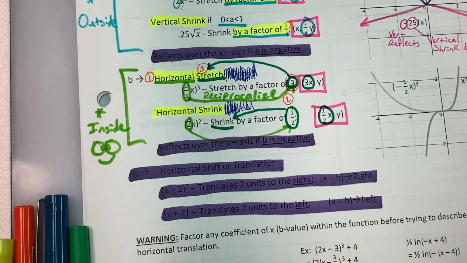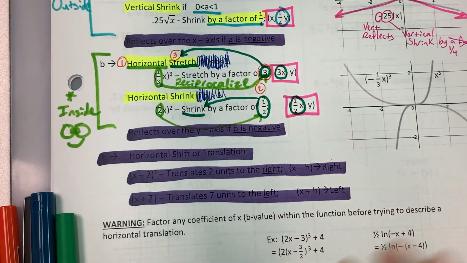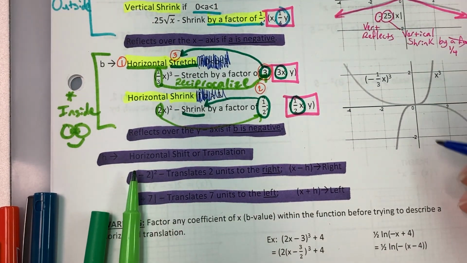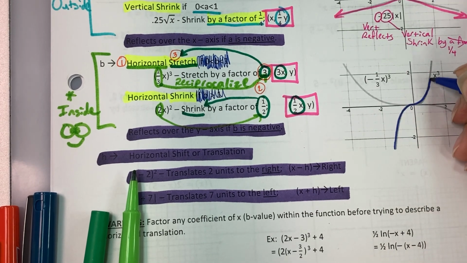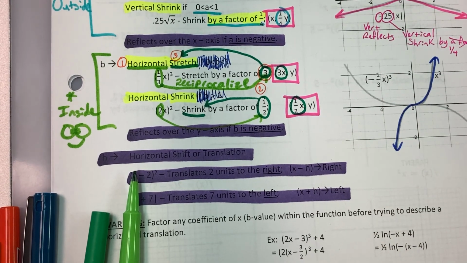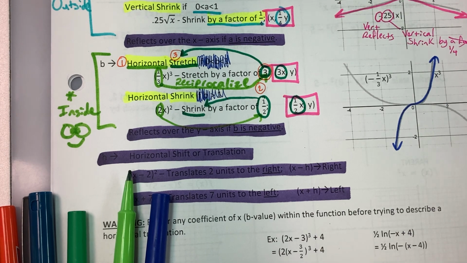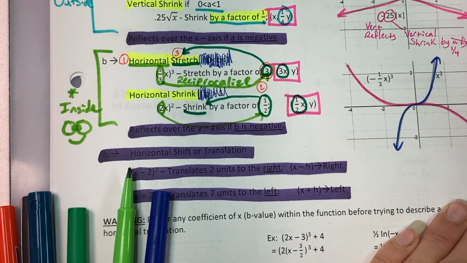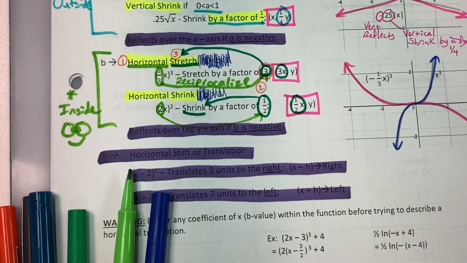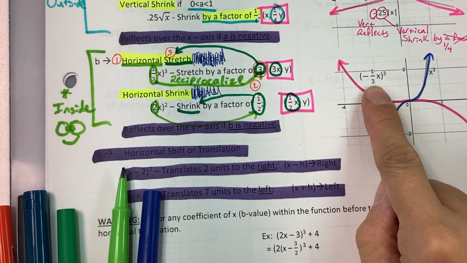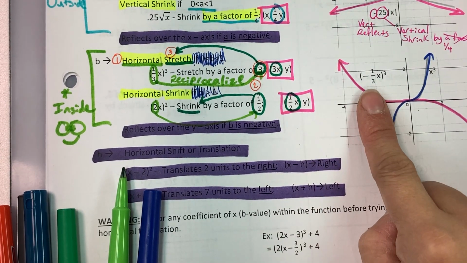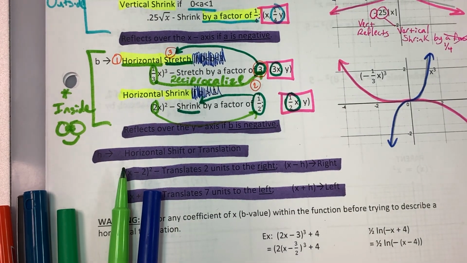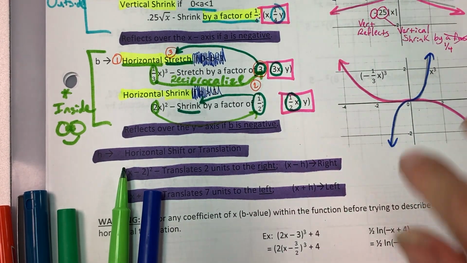So let's see what this looks like in action. It's kind of tough to tell from this graph, so I'm just going to go ahead and darken my parent function here. There's my cubic function, and here is my transformed function. And let's go ahead and look at this expression and identify our transformations. First, there are 2 different transformations happening here.